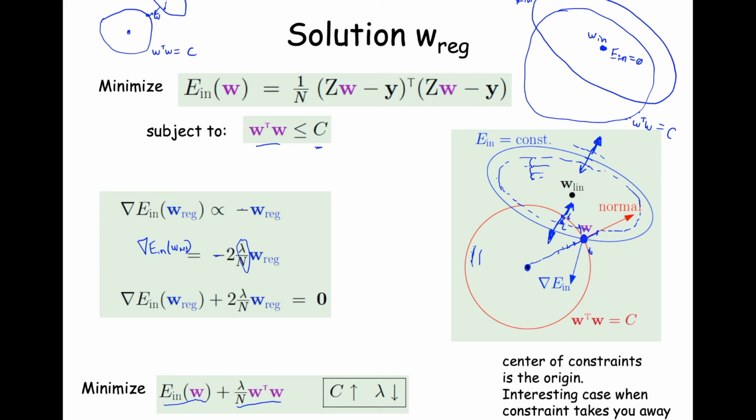Now, if C is really small, you're basically pulling your solution away from the W-lin closer to this constraint in order to keep it satisfied. And that corresponds to this weight budget C being very small. And we said if this weight budget is very small, you're going to have less weight to give out to all of the coefficients of the polynomial expansion.